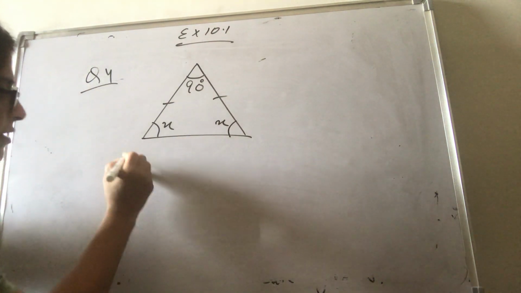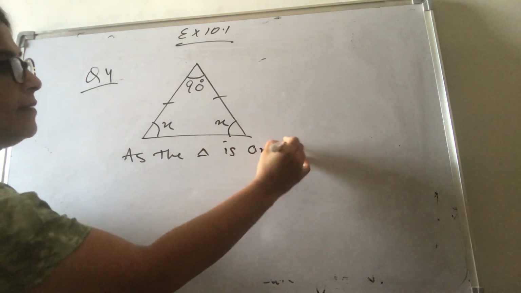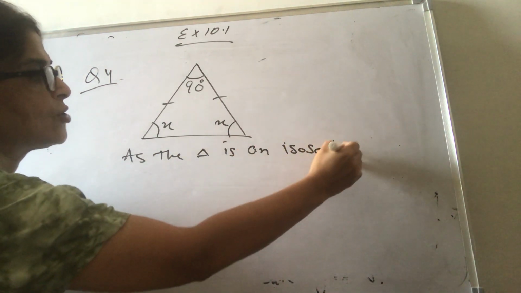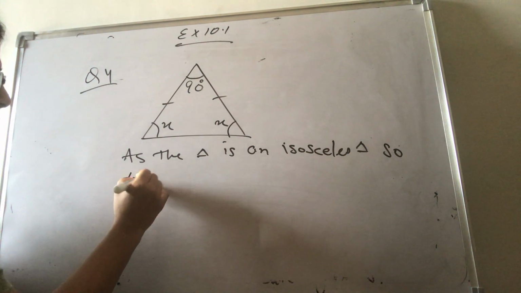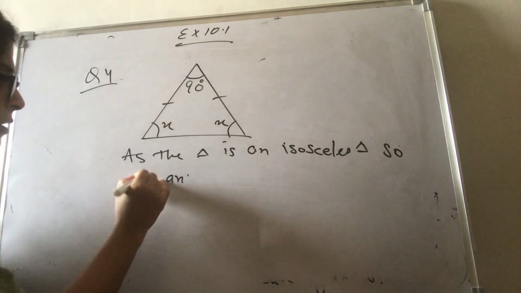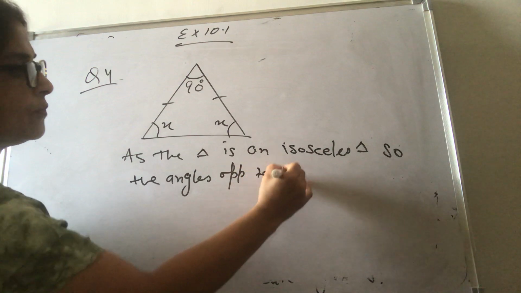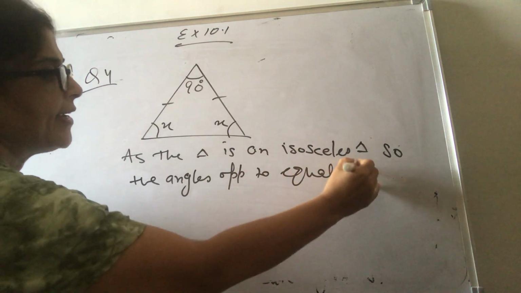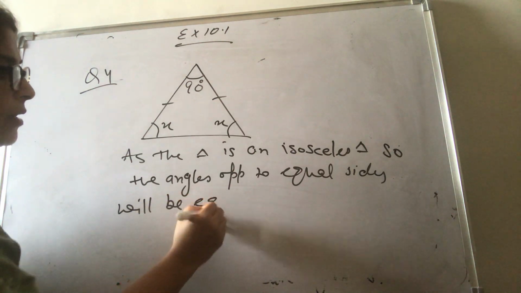So we will write here as the triangle is an isosceles triangle, so the angles opposite to equal sides will be equal.